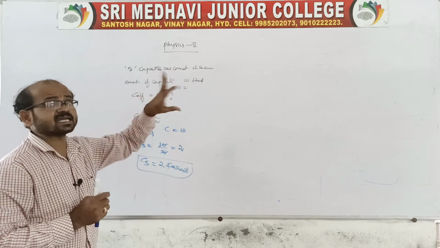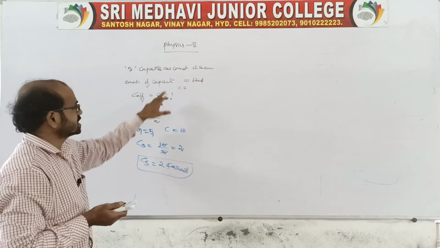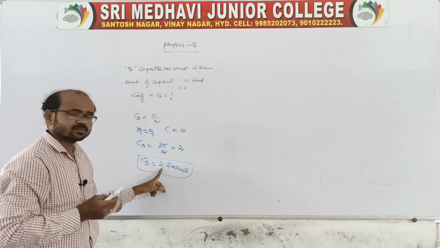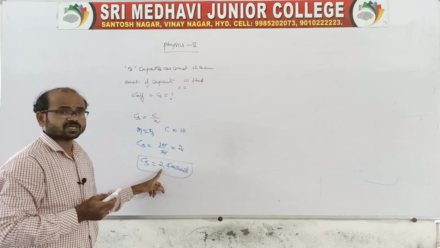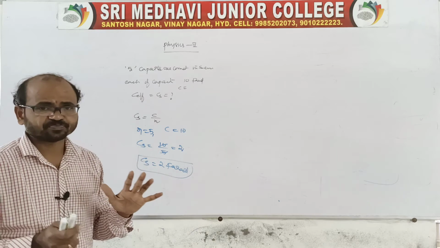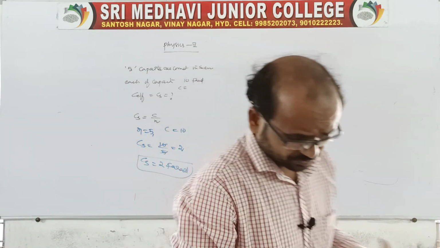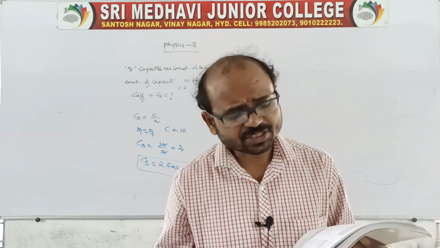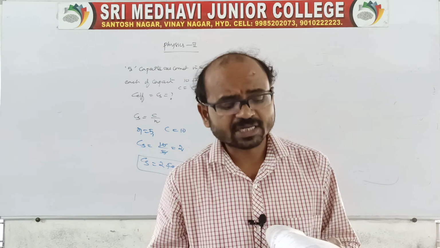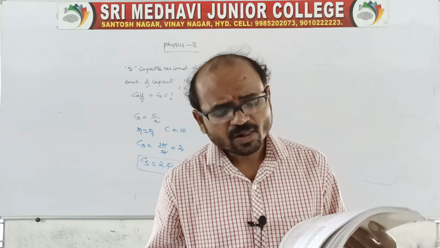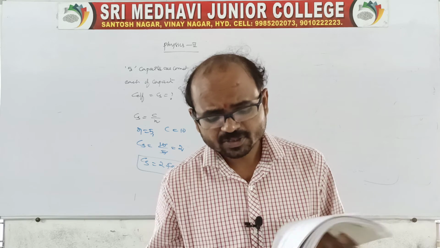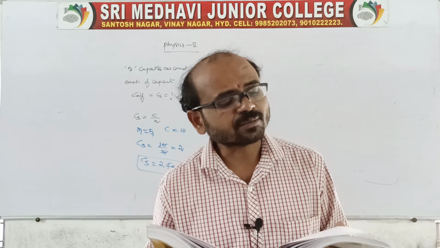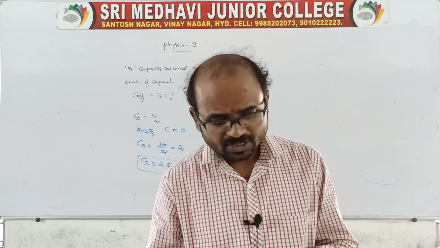It is less than the individual capacitance of the capacitor, because the individual capacitance is 10 but the effective is 2. Clear? This is about the series combination. Another combination is the parallel combination, which we'll see in the next class.